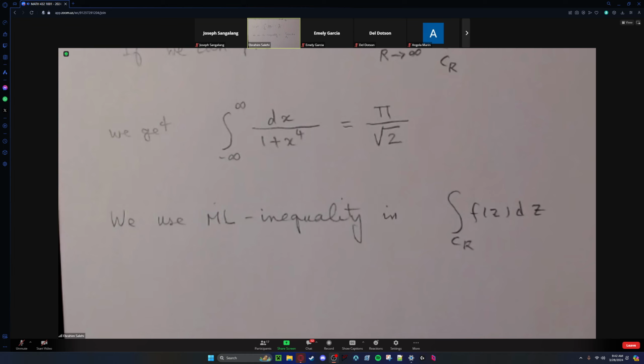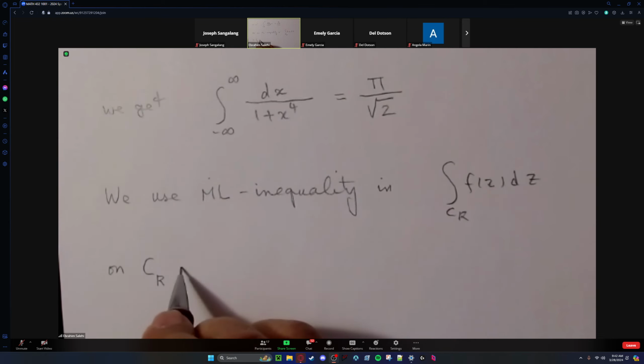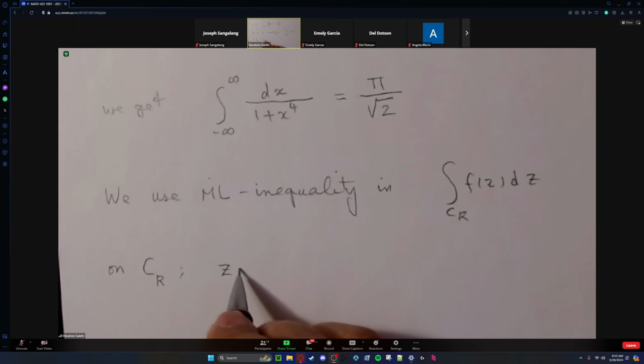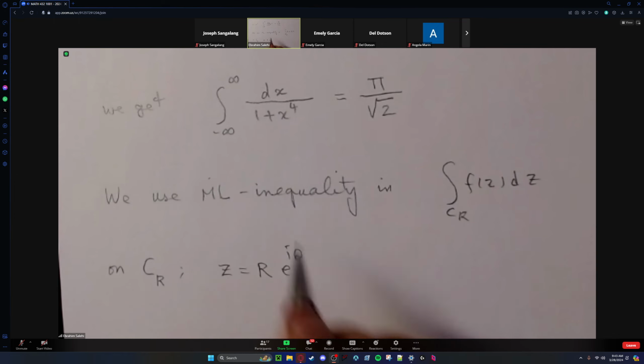Because on that semicircle on CR, z is R e to the I theta, theta being between 0 and pi.